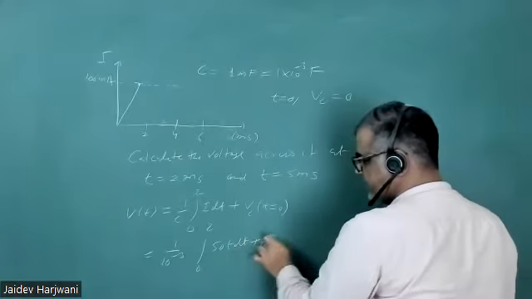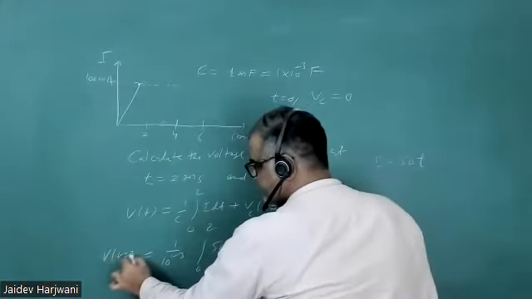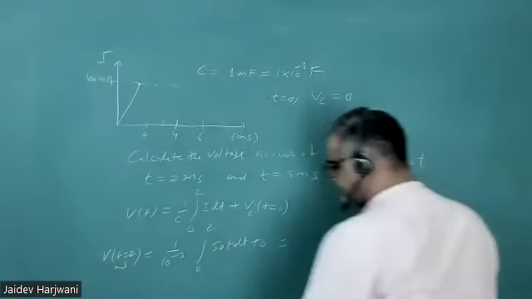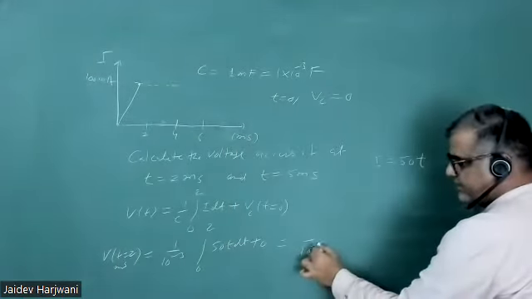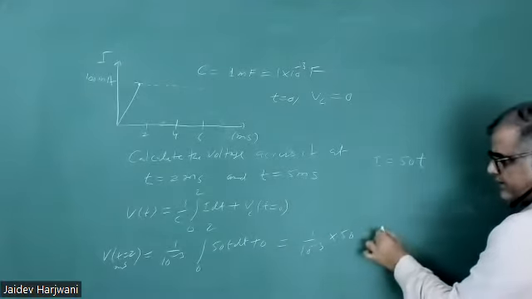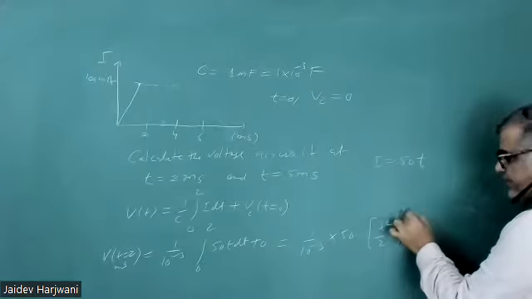This is 0, and I want V at t equal to 2 millisecond. So this will give me 1 upon 10 raised to power minus 3, times 50, times t square by 2, with the time from 0 to 2 millisecond.